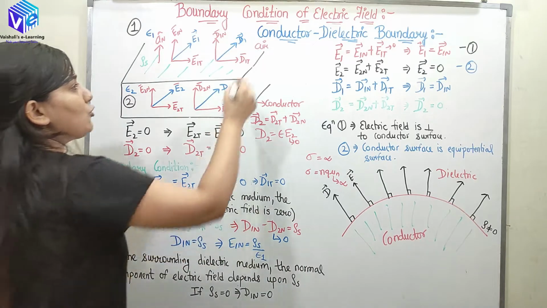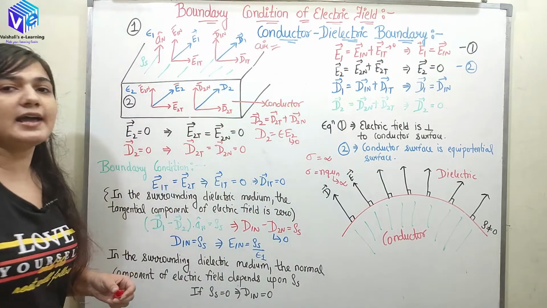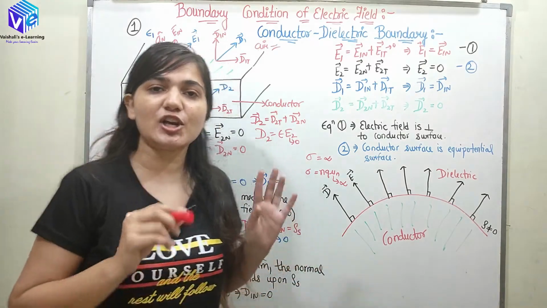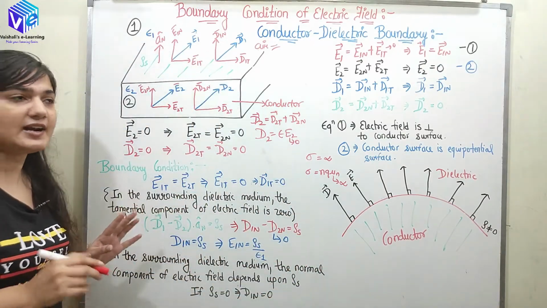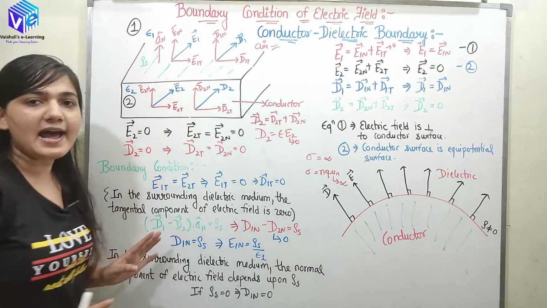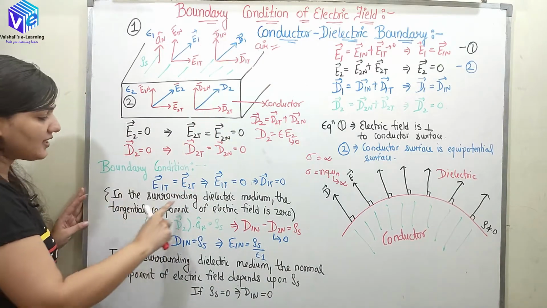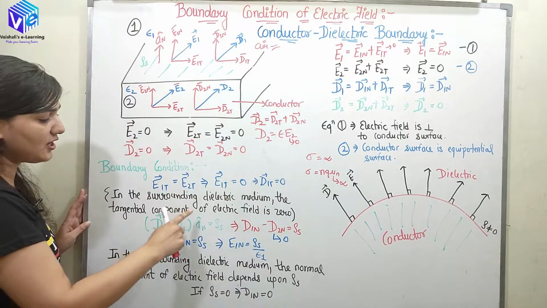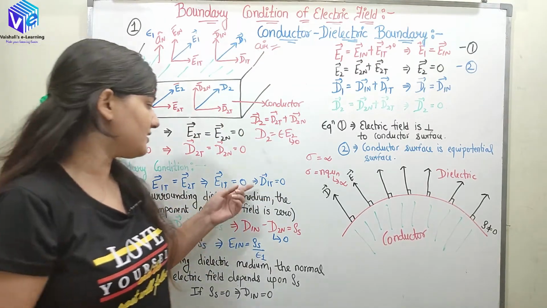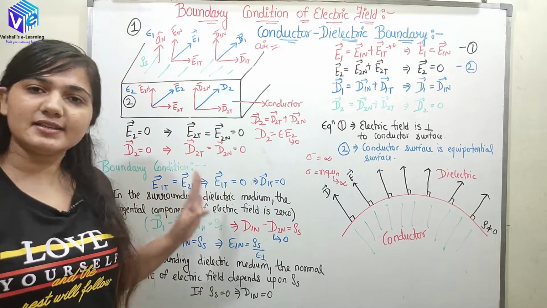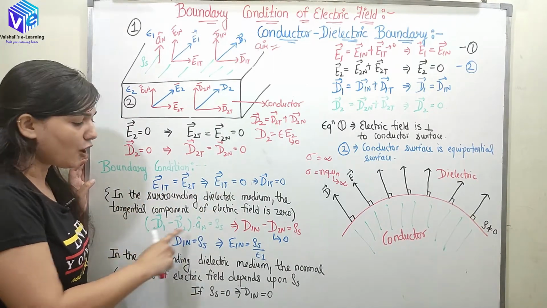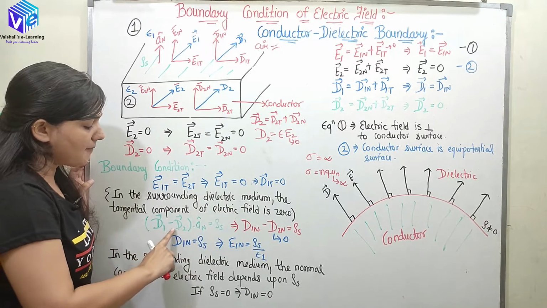If I talk about the air over here, the air will not be having any tangential component of the electric field if I have a conductor dielectric boundary. So in the surrounding dielectric medium, that is the air, the tangential component of electric field is 0, that is E1t is 0.